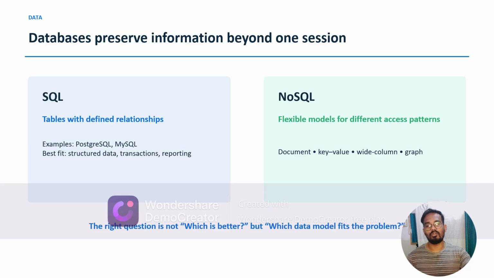For example, an online shopping application might store users, products, orders, payments, addresses of the person ordering, and reviews that you write, 1 star, 5 star, 3 star, no star, and many other types of information.